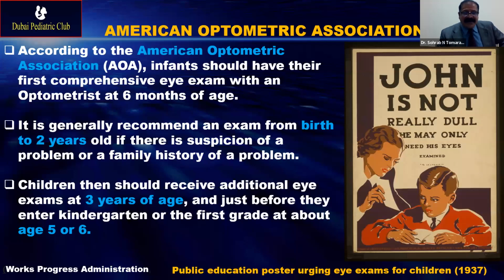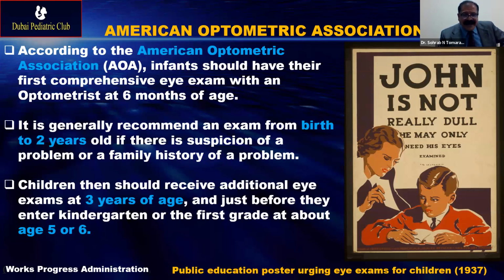Well, and now there is a question in the mind of all people. This is a poster from 1973, which says that John is not really dull, but he may need an ophthalmologist. The American Optometric Association has given this guideline. According to them, infants should have the first comprehensive eye exam with an optometrist at 6 months of age.